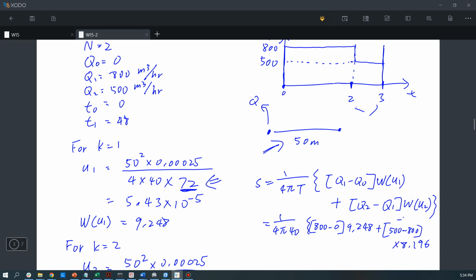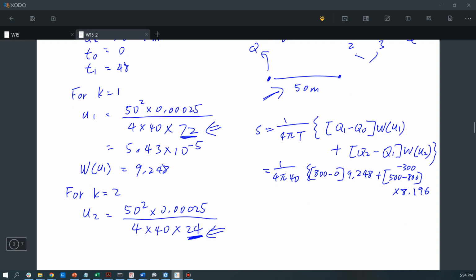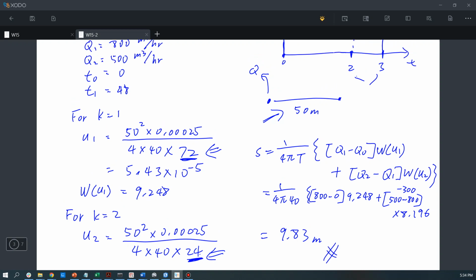So this is 300. And this gives us 9.83 meters of drawdown at the observation well at day 3.